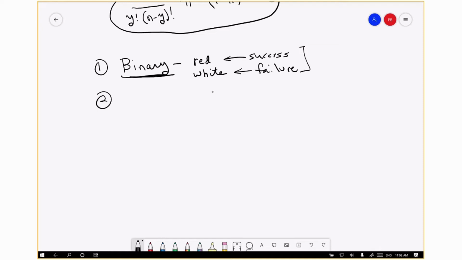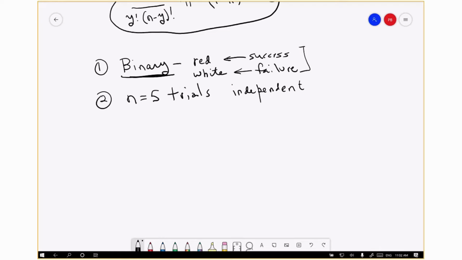We've got a bunch of trials. We've got n equals 5 trials, and these trials are independent. The concept of independence is an important concept in statistics. What it means is that the outcome of any one trial doesn't have any effect whatsoever on any of the other trials.